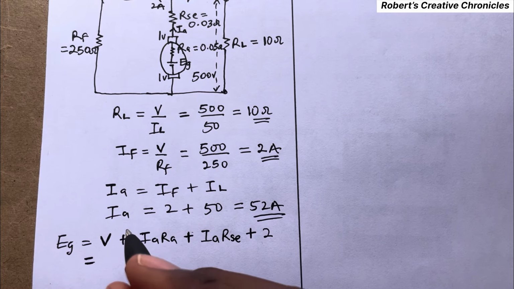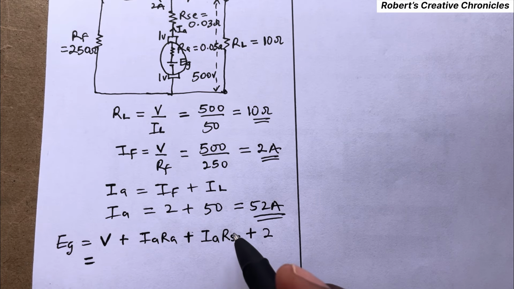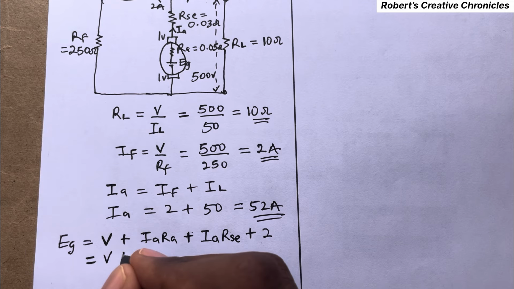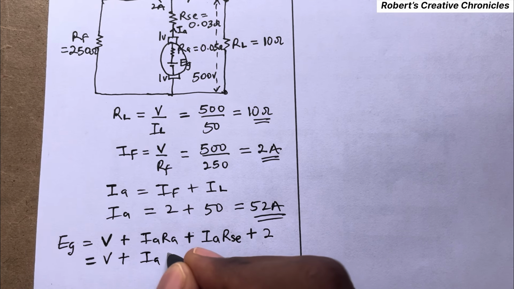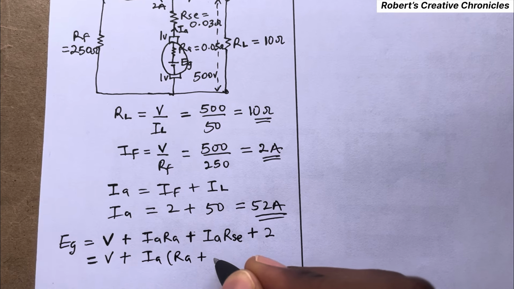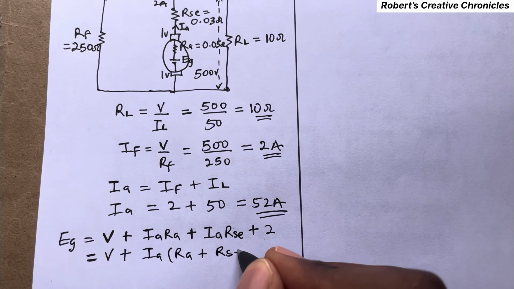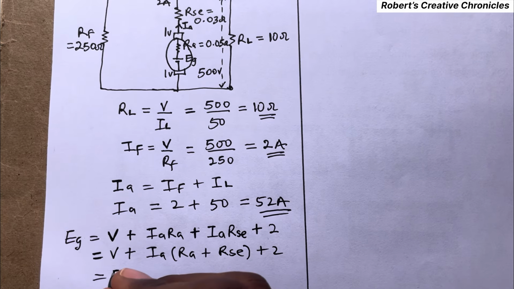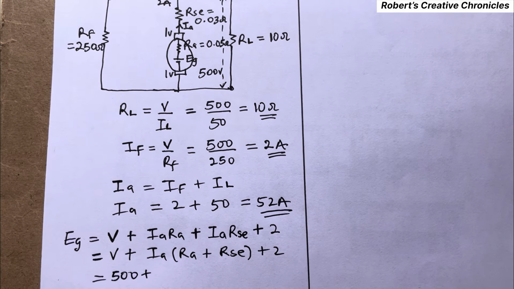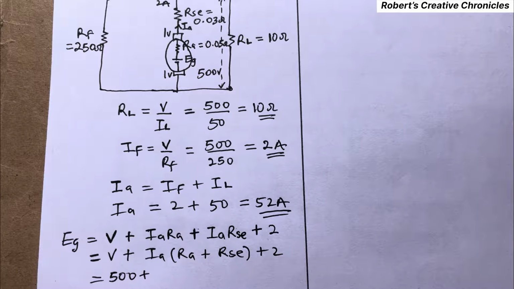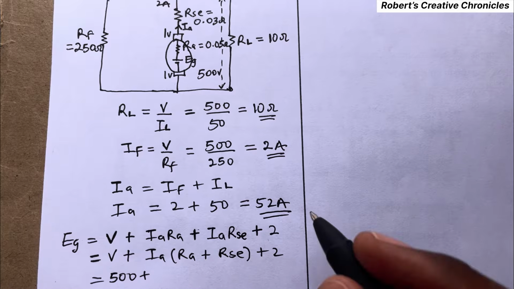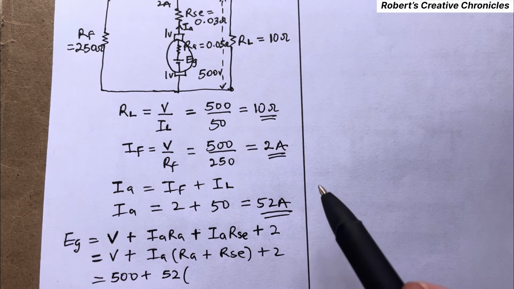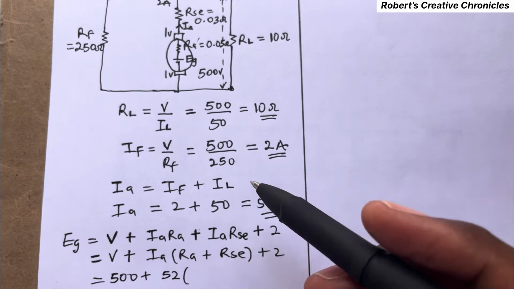So this becomes what? We can factorize this for easy calculation. This becomes 500 plus what? What is I_A? I_A is 52. Then R_A is 0.05.